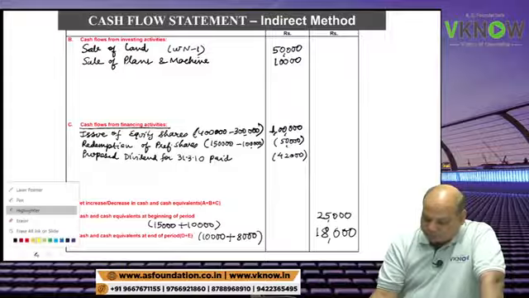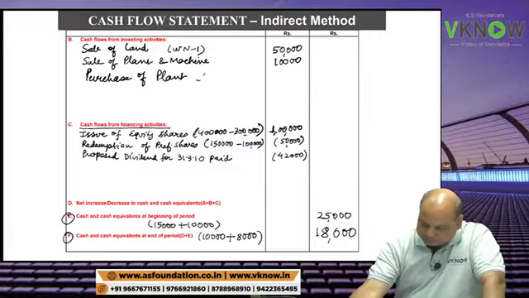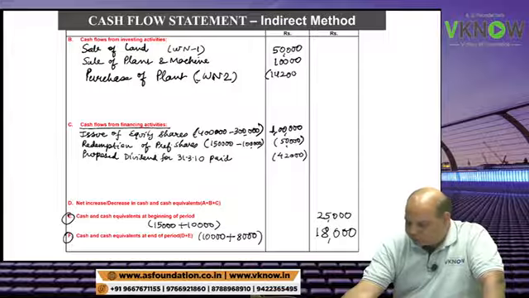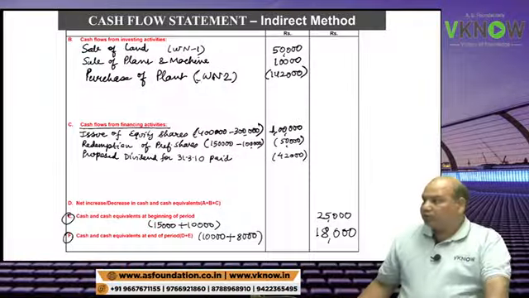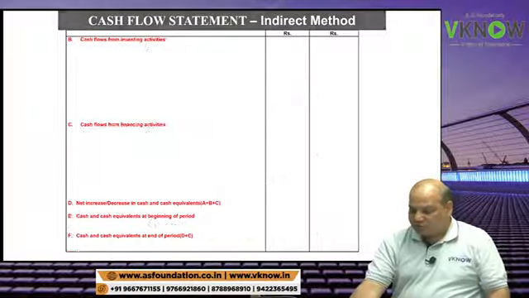Very good. So write down in investing activity, purchase of plant, working note 2, in bracket 1,42,000. Jan is right, Chaurasia is right.